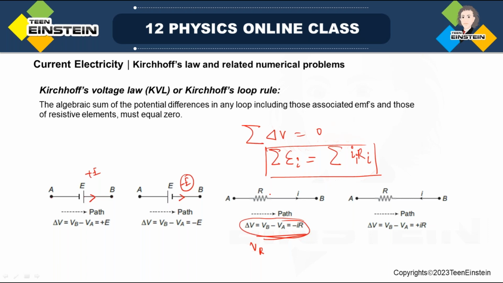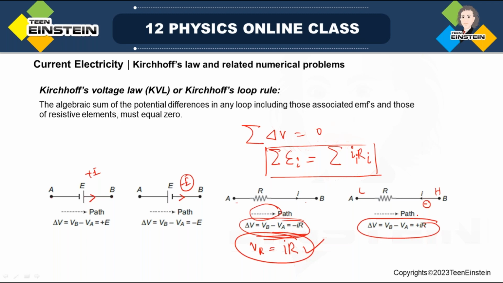VR means voltage drop across R, so that you can take as I into R. And when we go through the path A to B and the current is also flowing in the same direction, then it will be just IR positive. This is what I had to mention here. And here also, in this case it is opposite, in the sense the voltage is actually greater here, that's why this is high potential, this is at low potential, that's why it is positive.